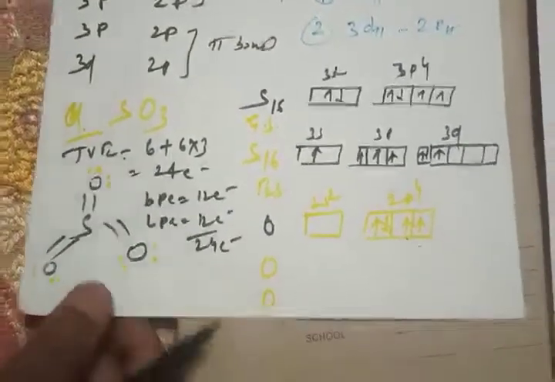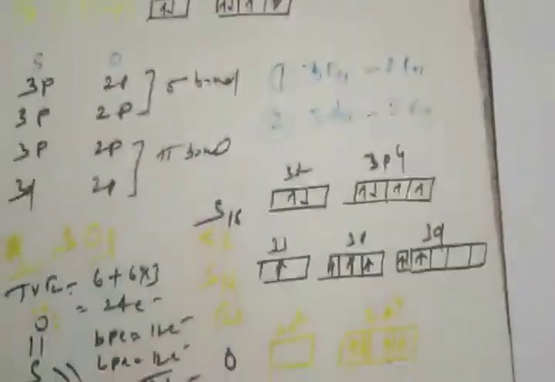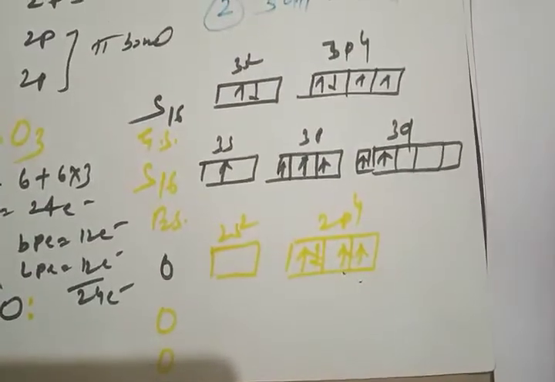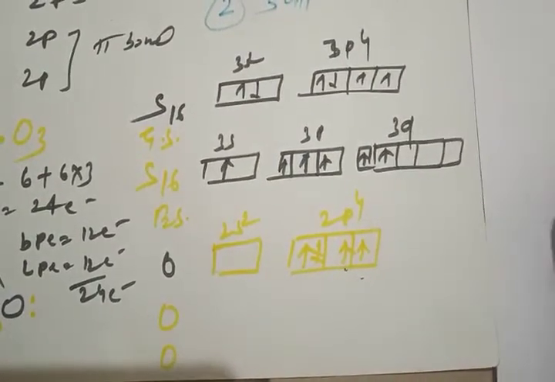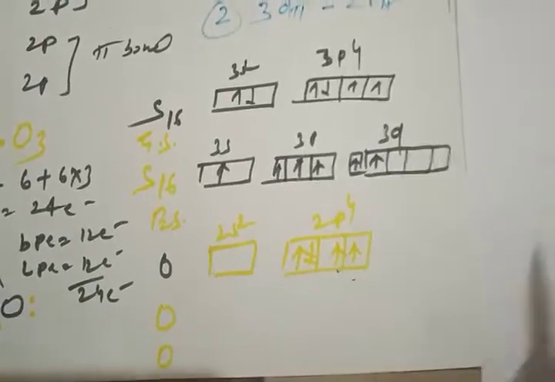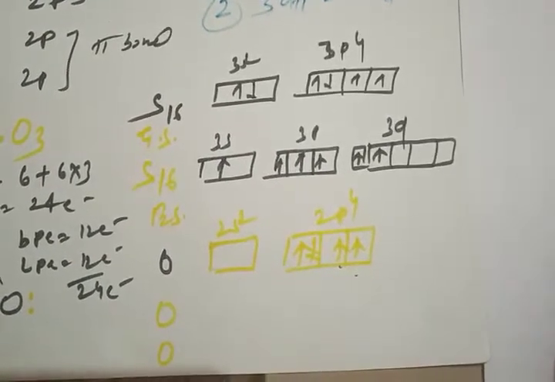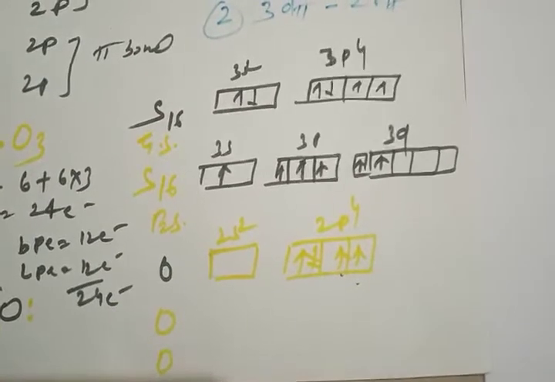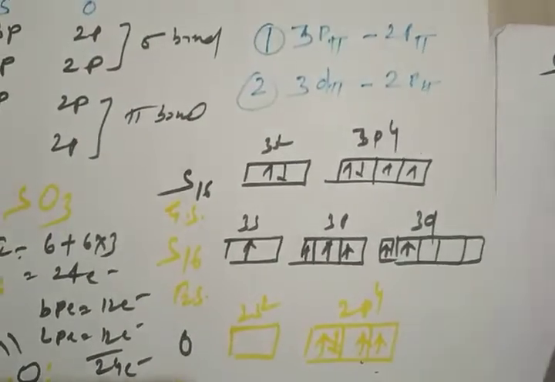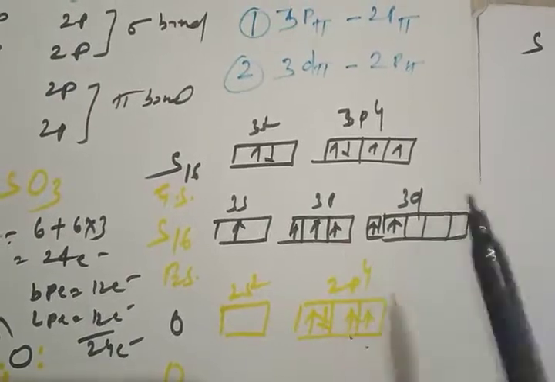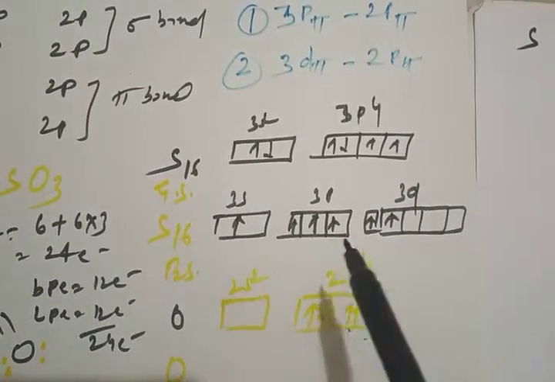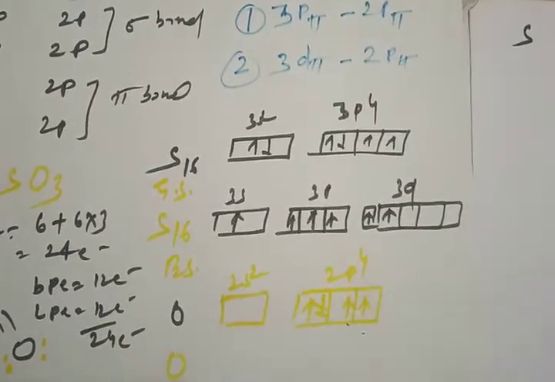Are you getting my point? So oxygen is only capable of giving you 2p. Here you can see, I can write 2p, 2p. We have 3 oxygens, so we have a total of 6 2p orbitals, whereas sulfur can give you s also, p also, and d also.